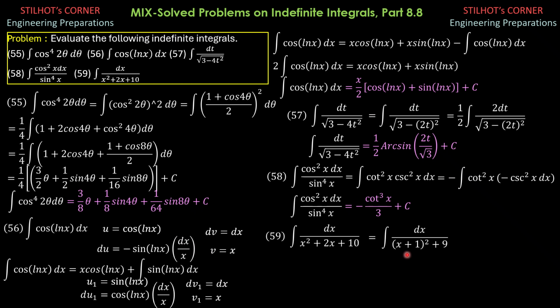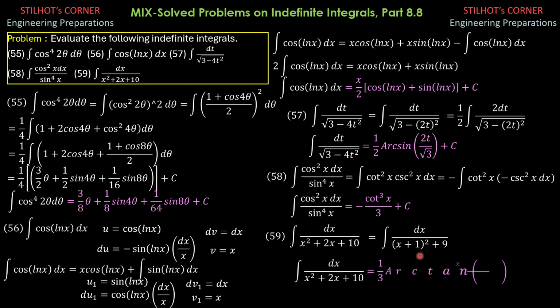If we put u be x plus 1, the differential is just dx. So this is in the form integral of du over u squared plus 9, or 9 is 3 squared, where a is 3. So this is 1 over a, 1 over 3, arctan of u, which is x plus 1 over 3, plus c.